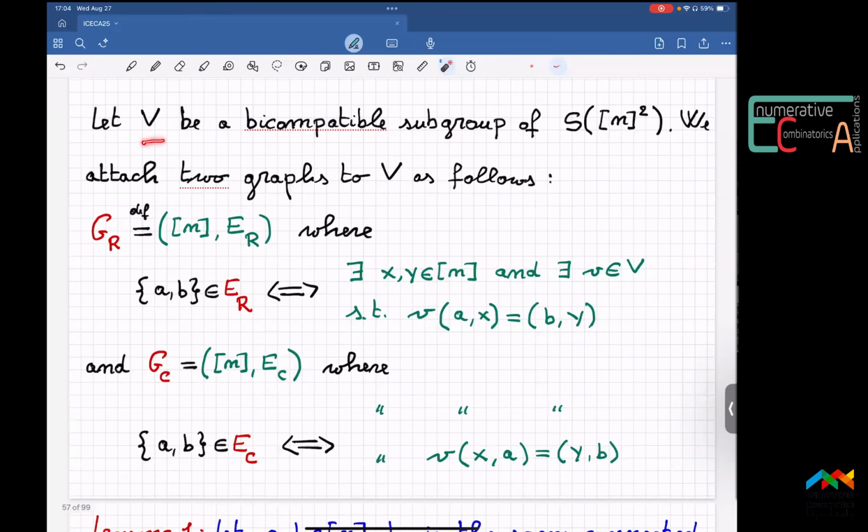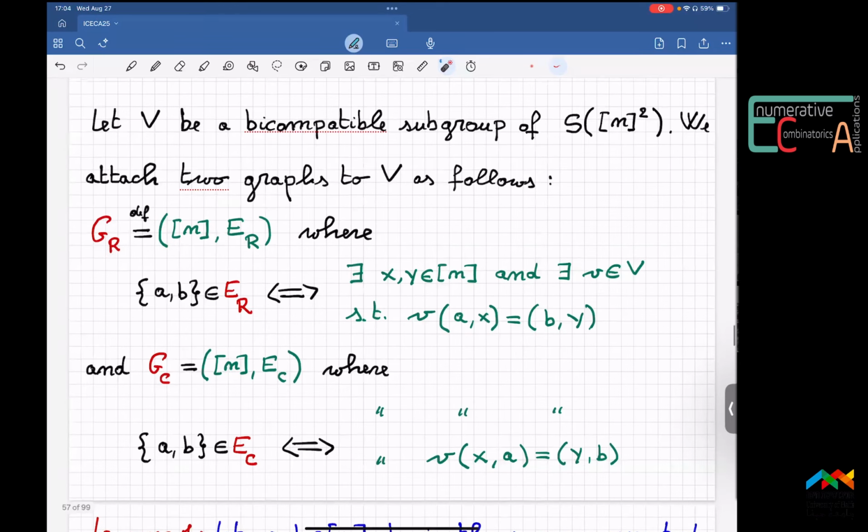You take a B-compatible subgroup of Sn squared, and we attach to this subgroup two graphs in this way, G_R and G_C. The vertices are the integers from 1 up to n. And what are the edges? It's an undirected graph. You put an edge between A and B if and only if there is an x and a y in n and an element in the group such that this is true. In practice, what does it mean?